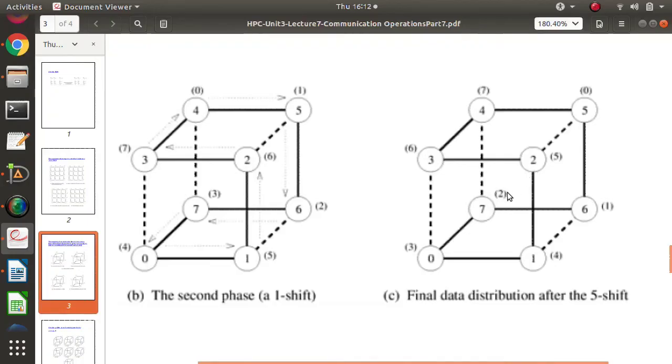So see, 7 got 2. 3 has data 3, but it wanted to send to 3 plus 5, which is 8. 8 means 0, because again we take it in reverse, circularly. So now 0 got 3. In this way, circular shift is done over a hypercube. So in this way, circular shift is done over ring topology, mesh topology, and hypercube topology.